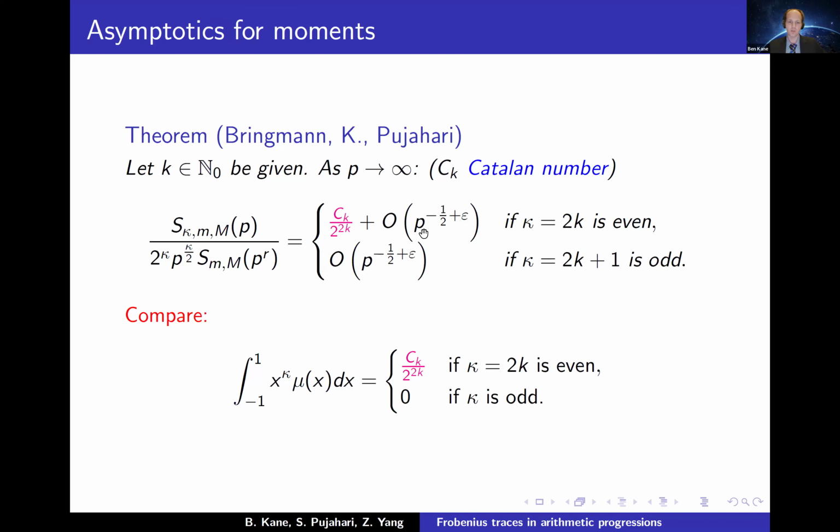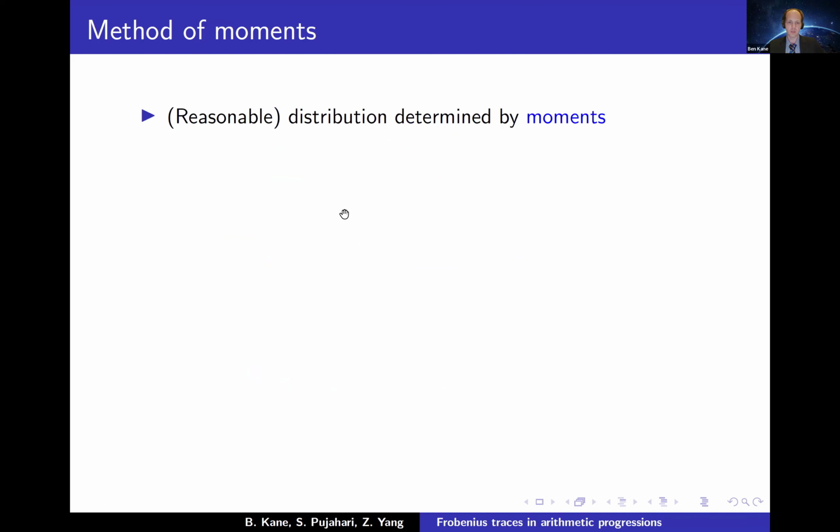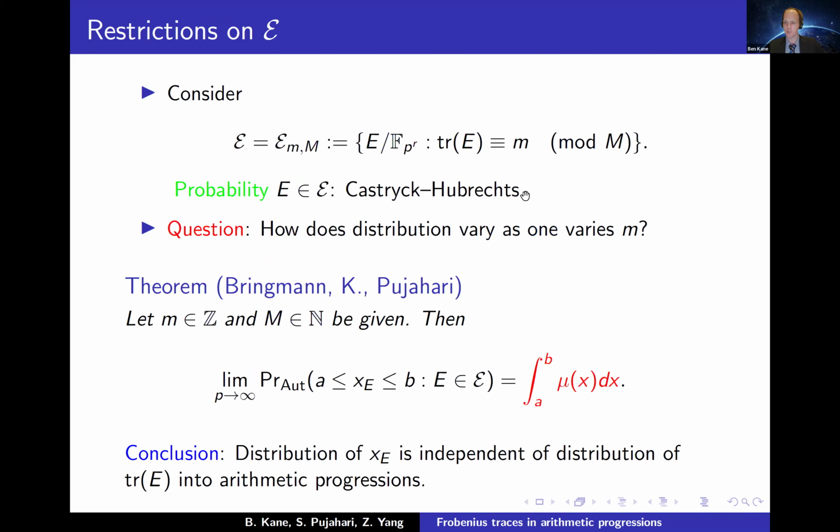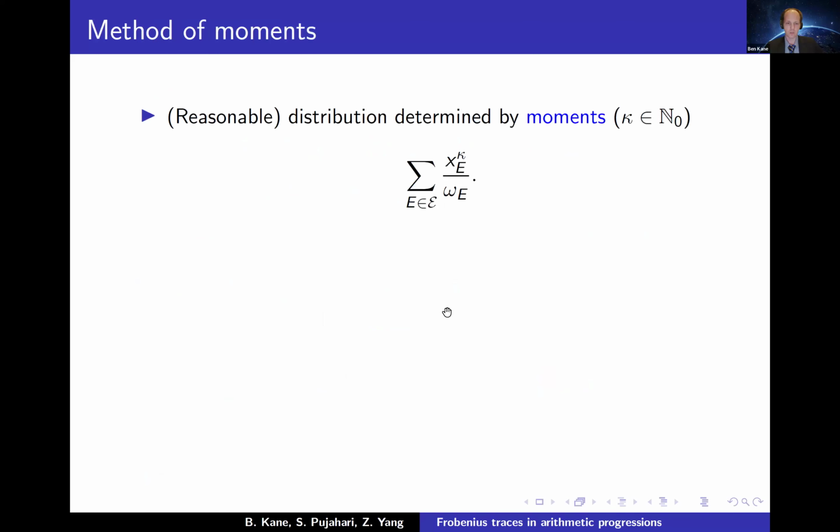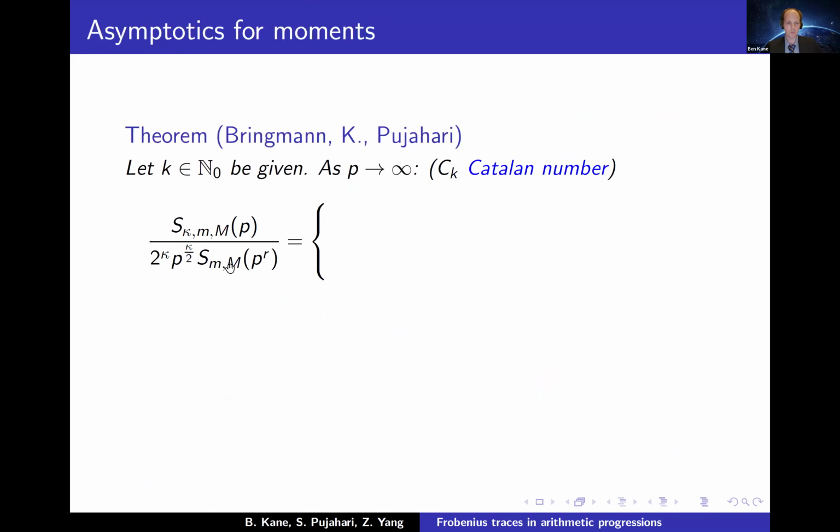I think that's partially answered by Castryck and Kubrick, because they determined the probability that you're in that set. And then I think we determine something like the main term somewhat explicitly. It might be more complicated than I'm thinking, though, because it's a little bit hard to determine. So here we're dividing by this S of M, capital M.